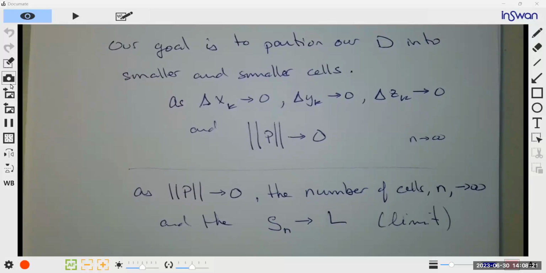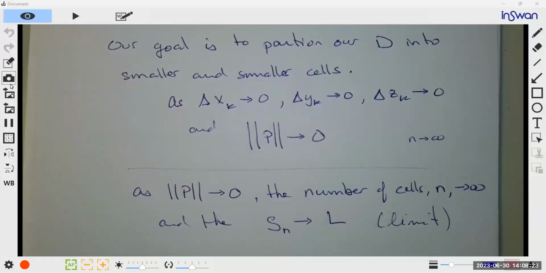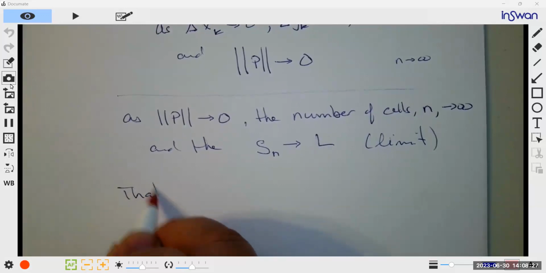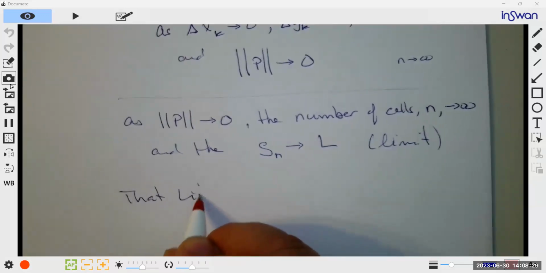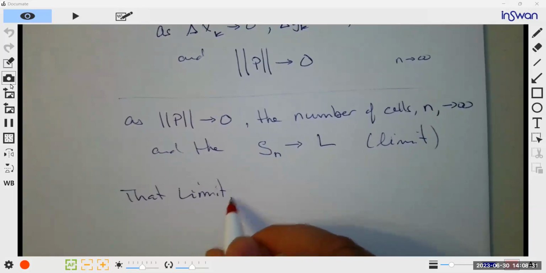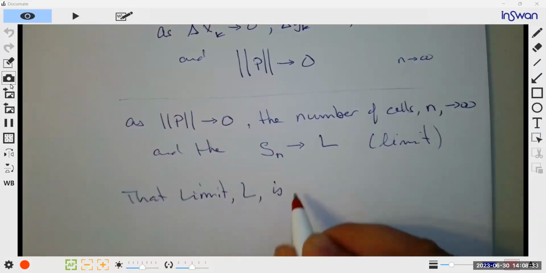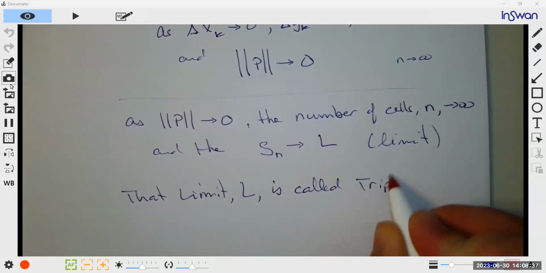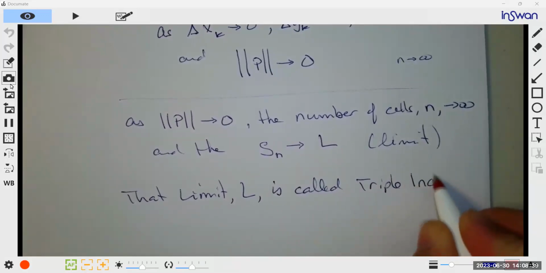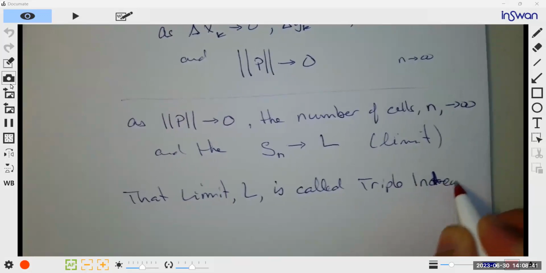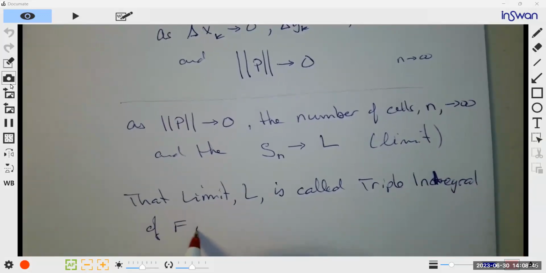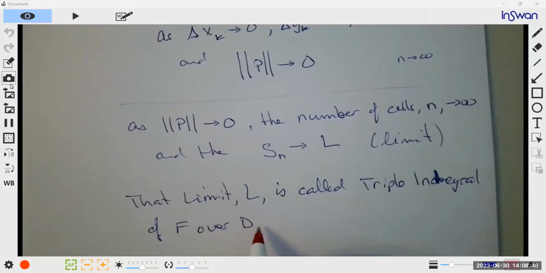And that limit is what we're looking for. It's called the triple integral of our function over D.